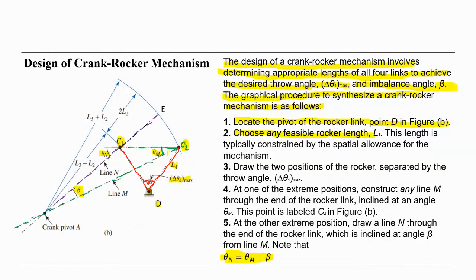Then we select theta m and draw the line M, and you see theta n has to be calculated with respect to theta m and beta. Beta, the imbalance angle, must be given. Then the intersection of these two lines here, the point A, is the crank pivot A.